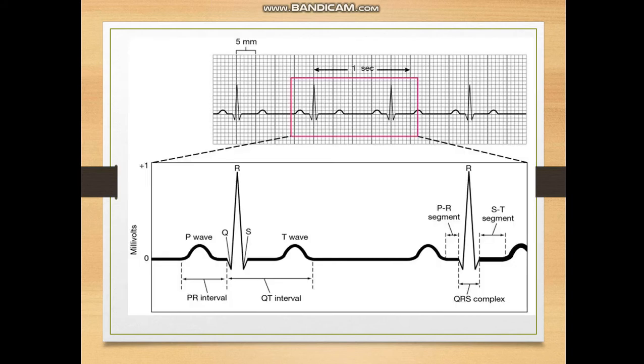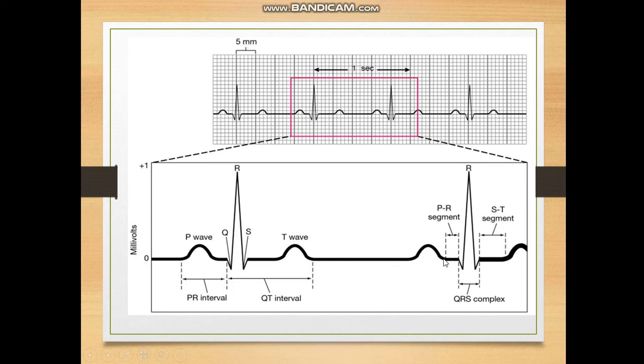You're looking here, these should be on your fingertips: the ECG has the P wave, Q wave, R wave, S wave, T wave, and QT interval. See this is the QT interval, this is the PR interval, and this is the PR segment. The difference: the start of the P wave to the start of the Q wave is the PR interval.